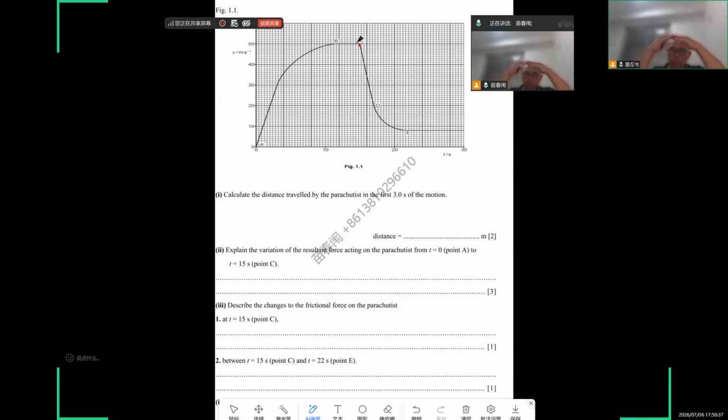So now the parachute opens, unbelievably huge. So the frictional force dramatically increases, right? Dramatically increases, because the parachute opens.